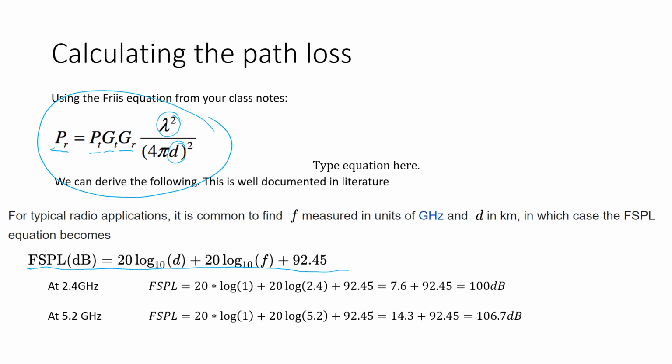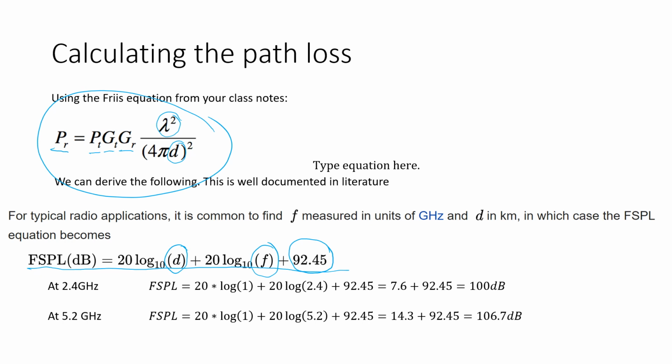It doesn't take into account the gains of the antennas. In this arrangement of the equation, D is in kilometers and F is in gigahertz. There are other arrangements of this equation where they look essentially the same, except this number here is different, and that number varies if the units vary.